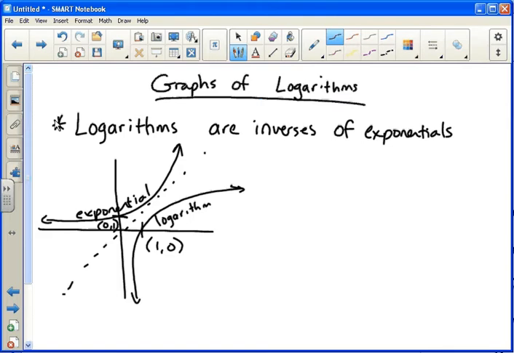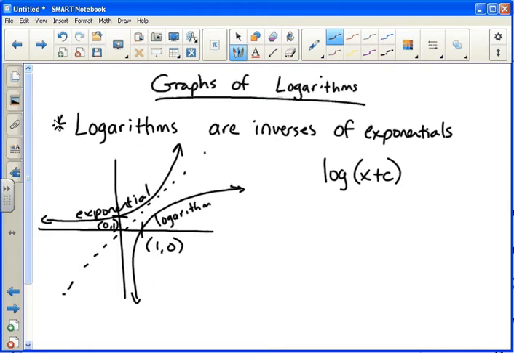We also talked with exponentials about translations or transformations, things that move or shift. So we're going to talk about that here as well. It's basically the same, but I want to make sure it's clear. First of all, let's say we have log, we'll use common log for this, log of x plus c. Notice the c is being added only to the x. That means we're dealing with left and right, because the x-axis is the horizontal axis.